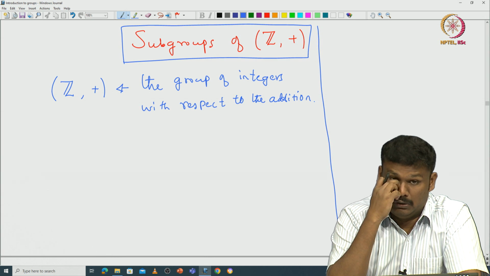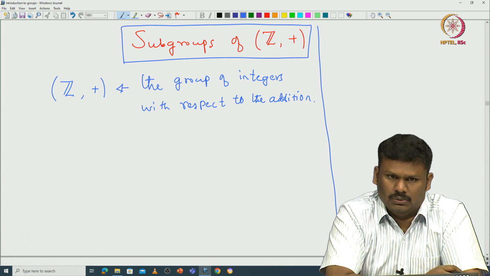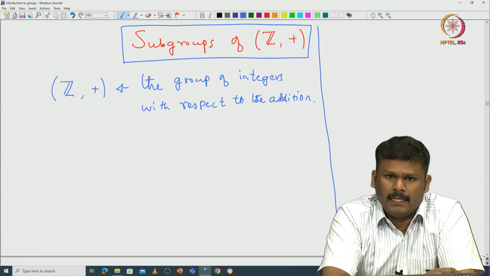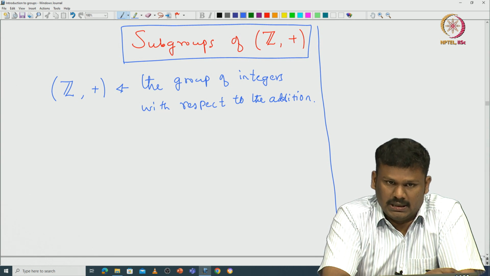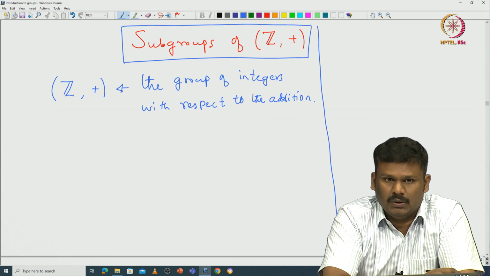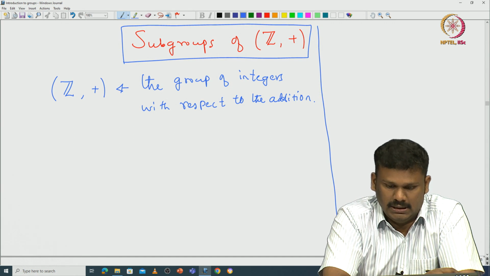All of you know how the addition works in the group of integers. Given any integer n, the inverse will be minus n, and 0 is the identity element. Now we are interested in some subgroups of these integers.